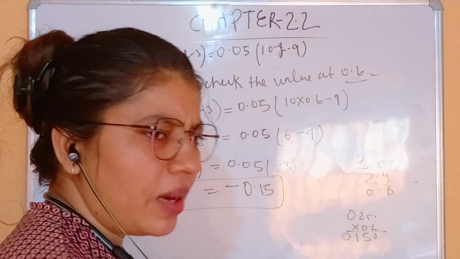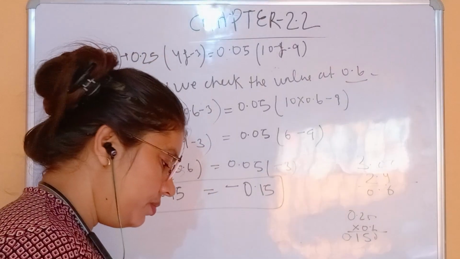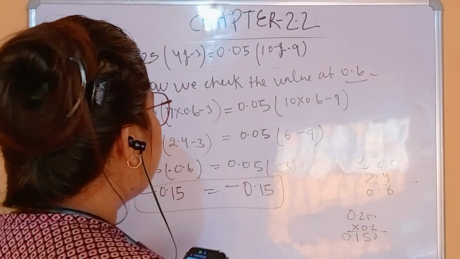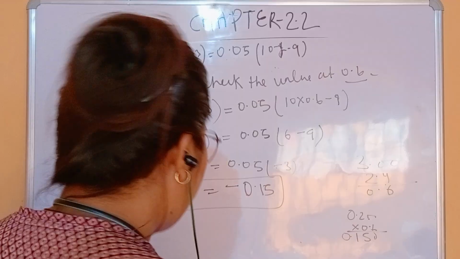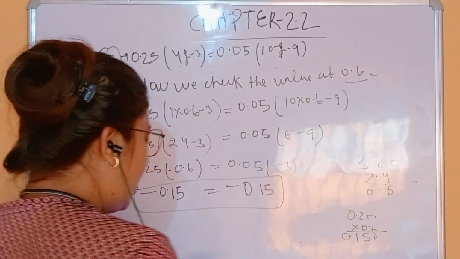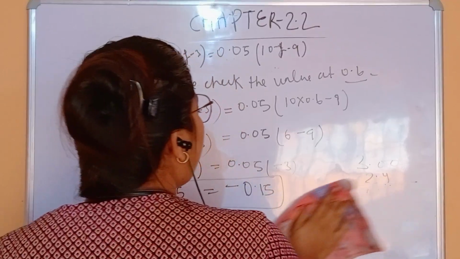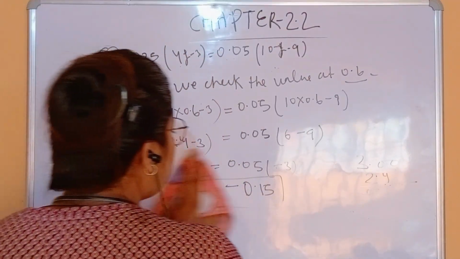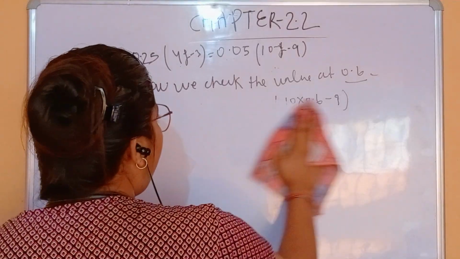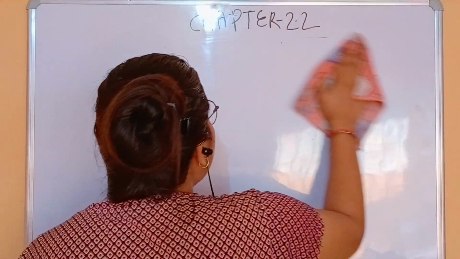Now we solve chapter 3. Chapter 3 is written: understanding quadrilateral. Okay, understanding quadrilateral. So here chapter 2 is finished. One by one, our questions are discussed in the video.